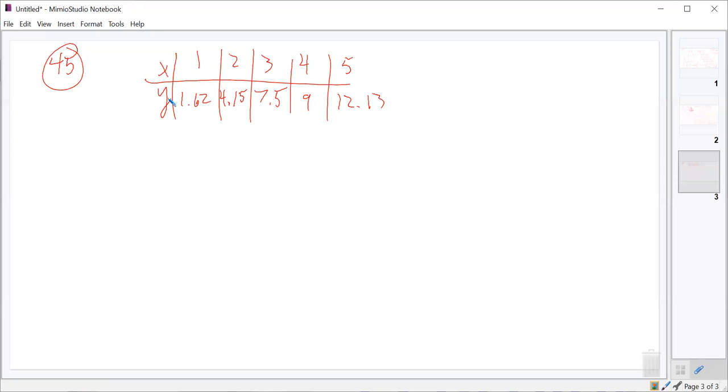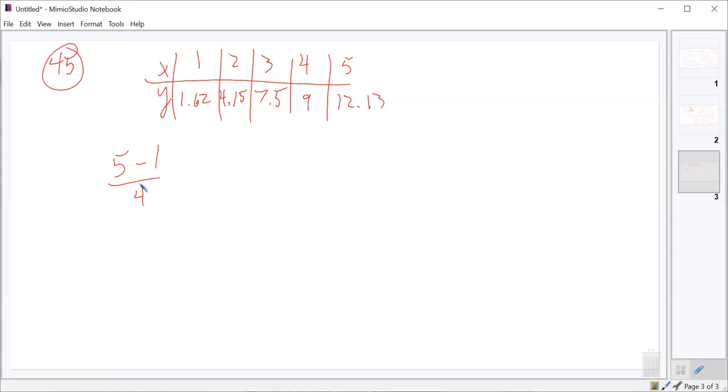Anyway, since all of the subintervals here are equal, you can use the formula for the trapezoidal rule. If the subintervals are not equal, you just have to find the area of each trapezoid separately. But since the subintervals 1 to 2, 2 to 3, 3 to 4, and 4 to 5 are all a length of 1, you can use the formula. Formula says b minus a over n, so end of your interval minus beginning of your interval divided by number of subintervals.